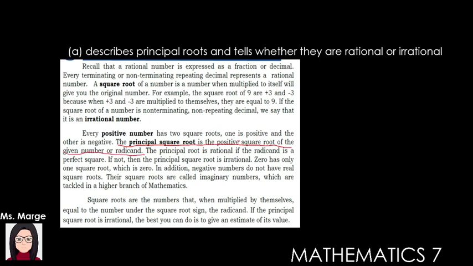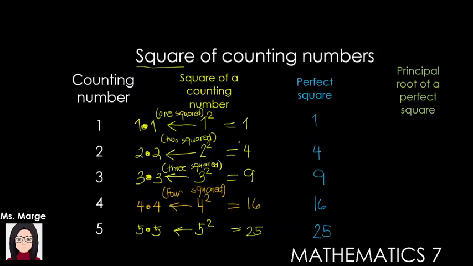Later on, ihahati-hatiin natin yung parts ng irrational numbers or square roots. Kapag kinuha lang natin ay square root, that is positive or negative square root of a number. Pero dito, positive numbers lang ang kukunin natin.